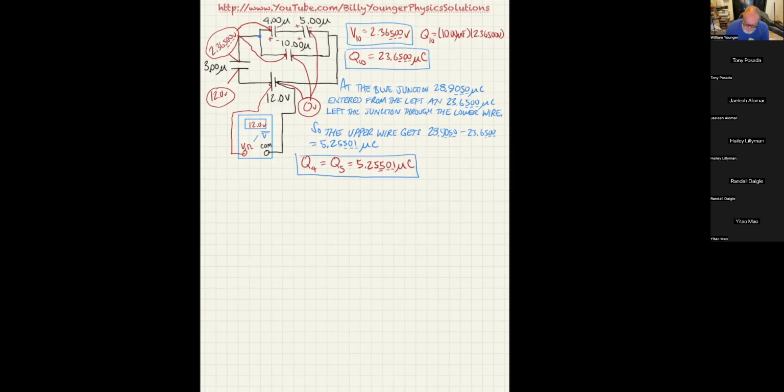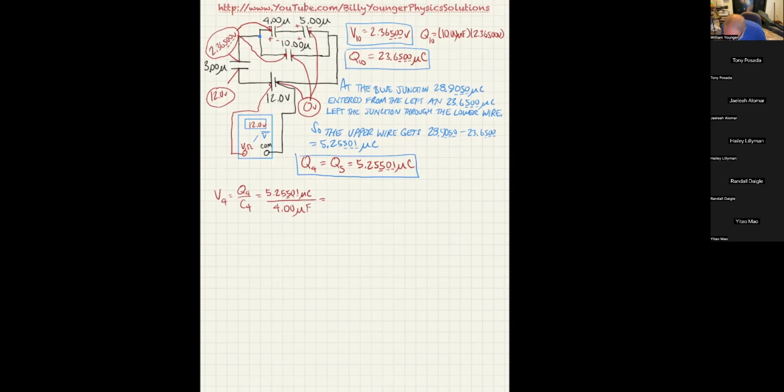And we know that voltage, let's say V4, is equal to Q4 over C4, which equals 5.25501 microcoulombs divided by 4.00 microfarads. In this case, you see that clearly the micros cancel out and you just get plain volts.